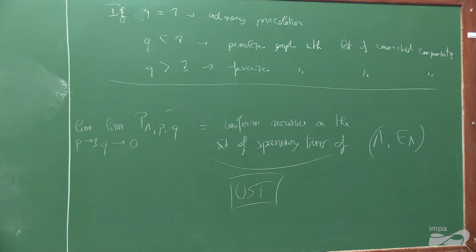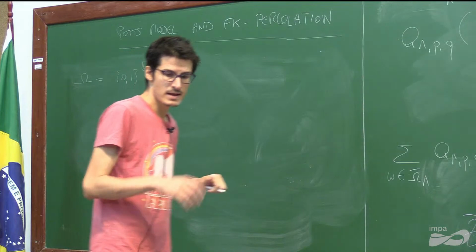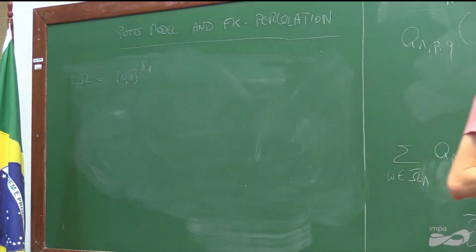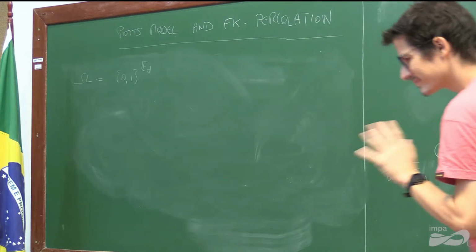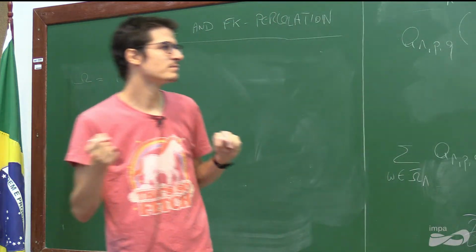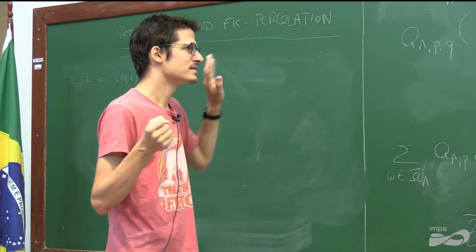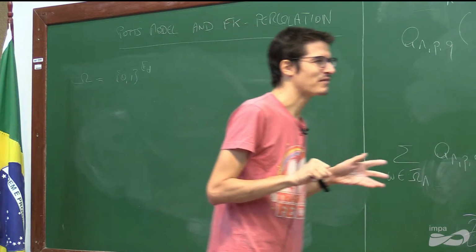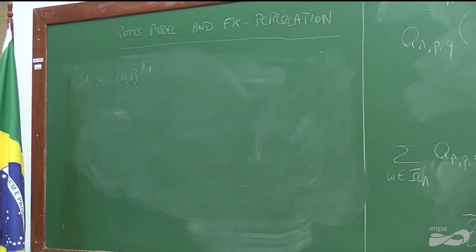So omega is equal to {0,1}^{E^d}. But like for the Ising model, we are just fixing the value of the edges outside of a box. In this case, we have fixed all the edges outside the box to be closed.